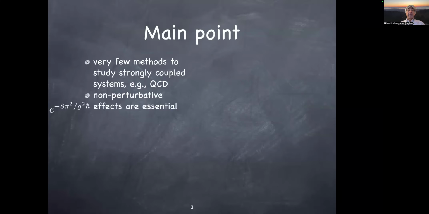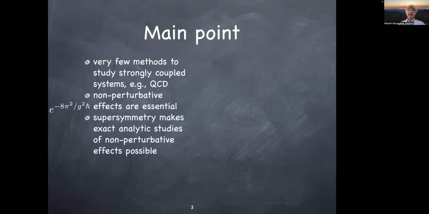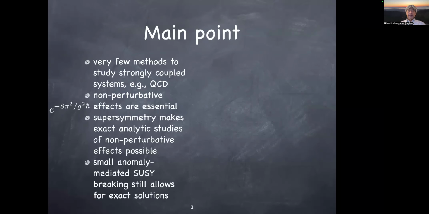So the idea is that supersymmetry makes exact analytic studies of non-perturbative effects possible. That's actually a wonderful tool to study them. And then you have to break supersymmetry in a particular way. What I will tell you today is that we use this idea called anomaly-mediated supersymmetry breaking.